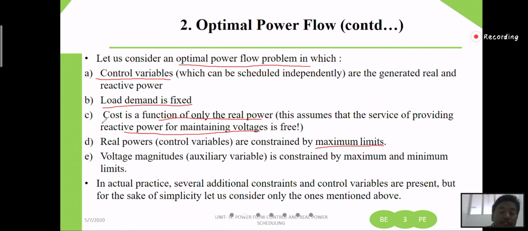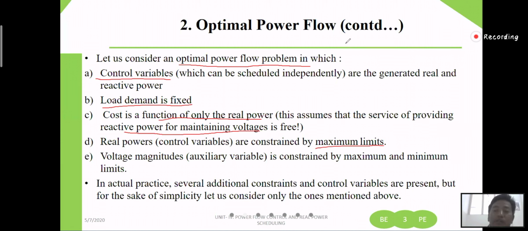With this considered, we'll try to carry out the optimal power flow. But in actual practice, these are not the only factors which contribute to optimal power flow. There are a lot of additional constraints and variables present. But for the sake of simplicity, let us consider only the ones mentioned above, which means these 5 constraints.